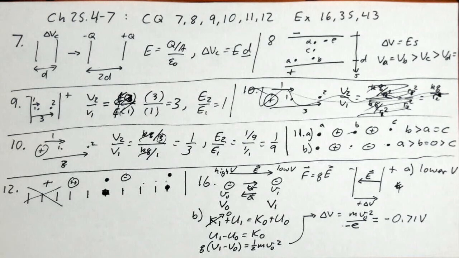So this is about half of an AA battery to stop this electron. 500,000 meters per second sounds big, but it's not terribly big compared to how fast an electron could go. You can get them going nearly the speed of light because they have such a small mass. This is hard to assess, but we know it should be negative because we went to lower potential.